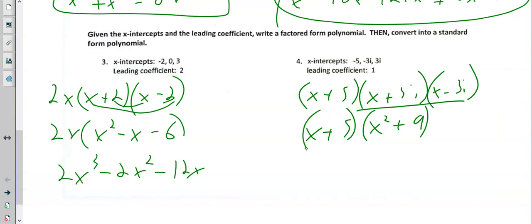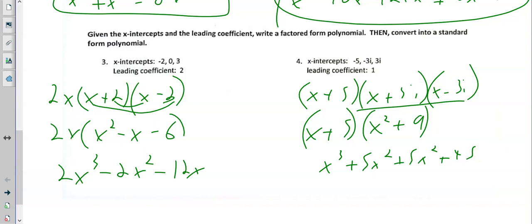And now we're just going to multiply this. So x squared times x is going to be x cubed. X squared times 5 is going to be 5x squared.